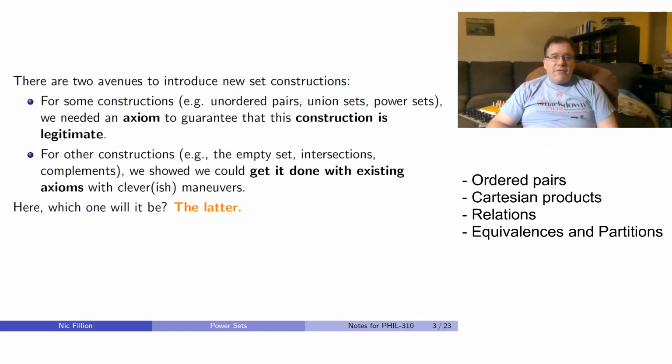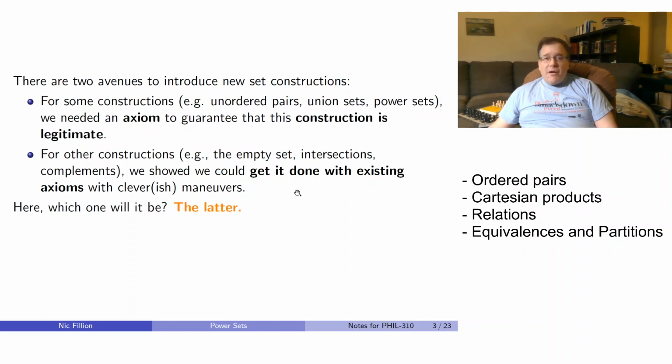So there are two avenues that we can pursue in order to introduce new kinds of sets or new constructions involving sets. The first one is, as we did for unordered pairs, unions, and power sets, we would need to introduce a new axiom that guarantees that the construction that we are thinking about is indeed legitimate.